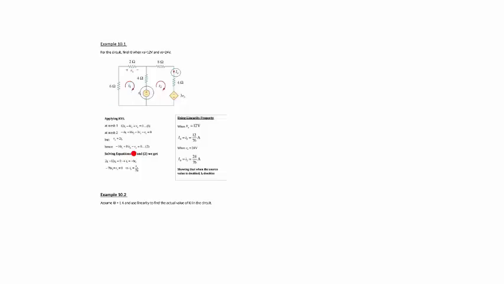Then looking at mesh 2, since you're going upwards again, we do minus Vs plus 4I2 plus 8I2 plus 4I2 minus 3Vx, and Vx is 2I1. So you put the value of 2I1 instead of Vx.